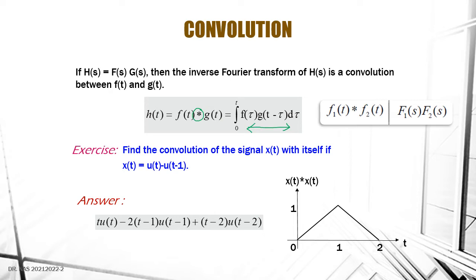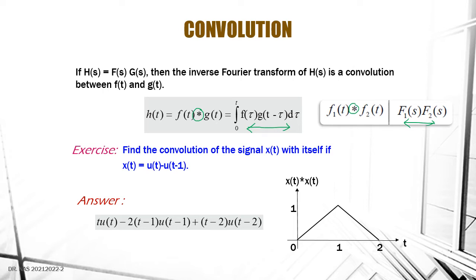But if you use the Fourier transform or Laplace transform, the convolution in time domain can be simply solved by multiplying the signals in frequency domain, either in omega or in S domain. In this chapter we are focusing on S domain, so you can solve the convolution in time domain by multiplying the two signals in frequency domain.